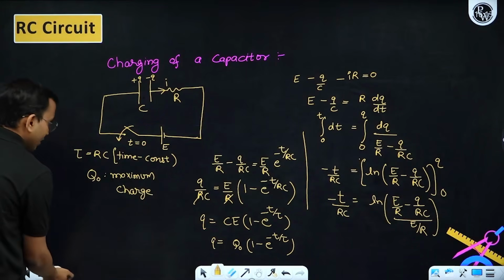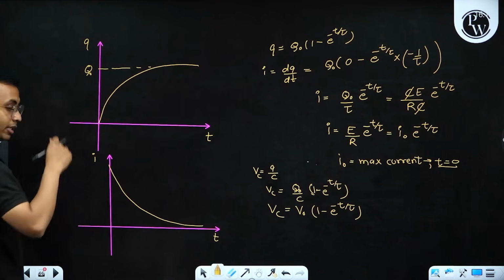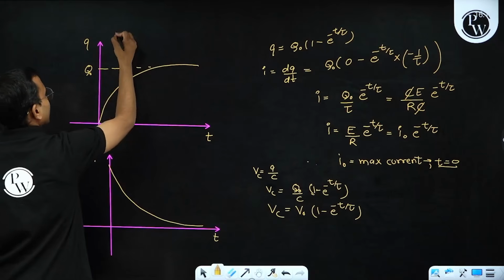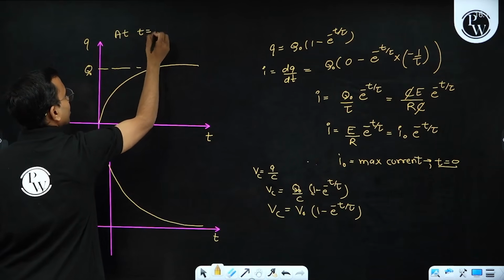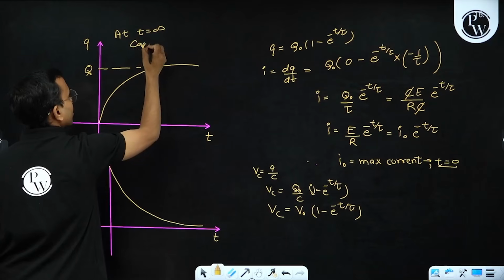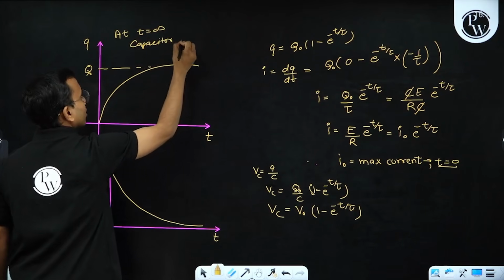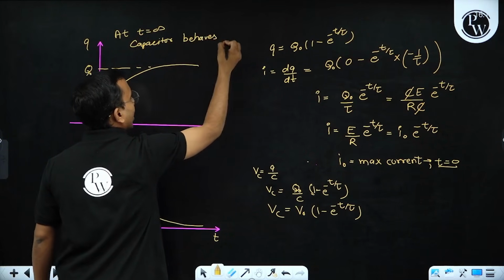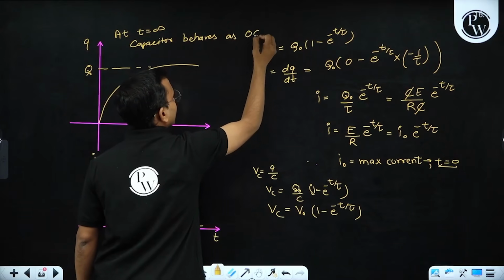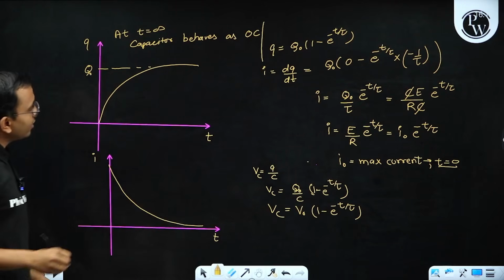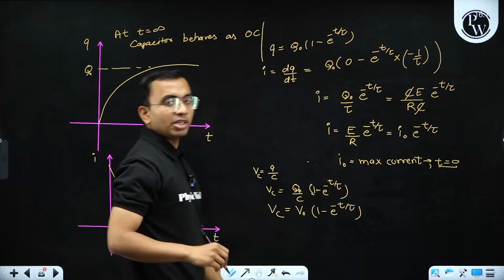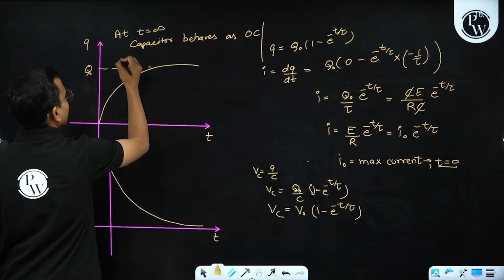So in case of charging, at t is equals to infinity, capacitor behaves as open circuit, and at t is equals to 0, current is maximum, it behaves like a short circuit.